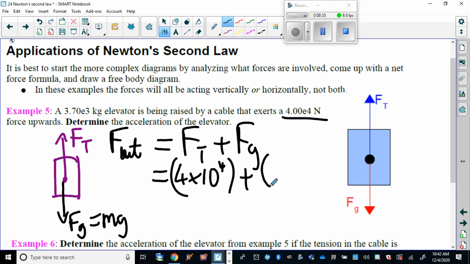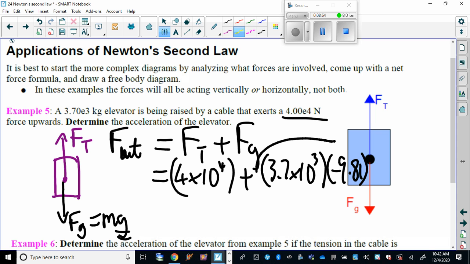Now, we have to acknowledge that these forces are in opposite directions, so one has to be positive, one has to be negative, and that manifests itself as soon as we put in the negative 9.81 right here. That's going to make this entire value negative, so that accounts for the opposite signs. If the force of tension is positive, then the force of gravity must be negative. By having this little negative right here, that makes that negative, and we're good to go.